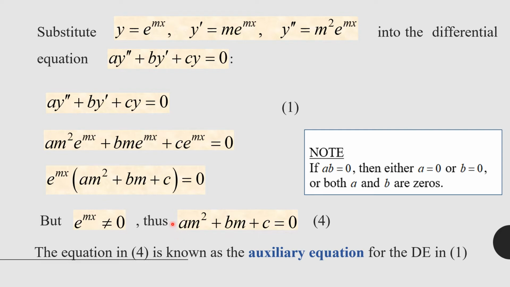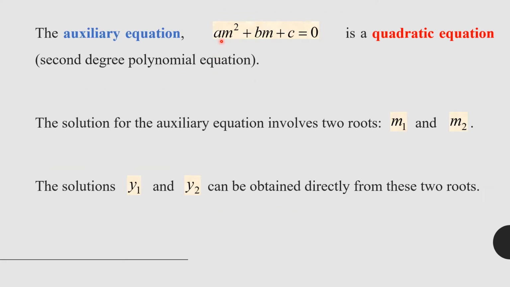So we have reached an equation which has a special name given to it. This equation, am squared plus bm plus c equals 0, is known as the auxiliary equation for the given differential equation. The auxiliary equation am squared plus bm plus c equals 0 is a second degree equation, where the highest degree of this equation is 2.